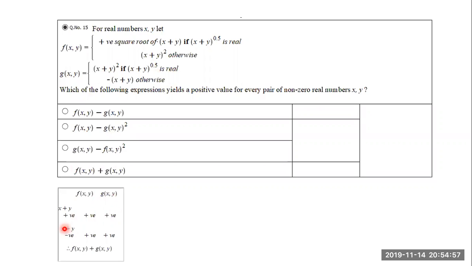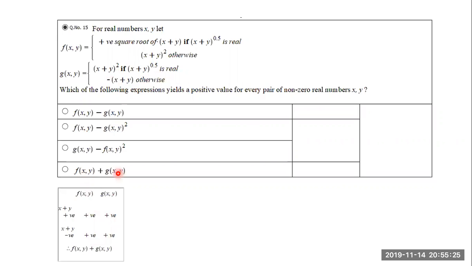When x plus y is negative, f is positive again, because of (x plus y) whole squared. Understand? And then for g, what happens? When this is negative, it is minus of (x plus y), so negative of negative is again positive. Therefore, it is always positive in both the cases.